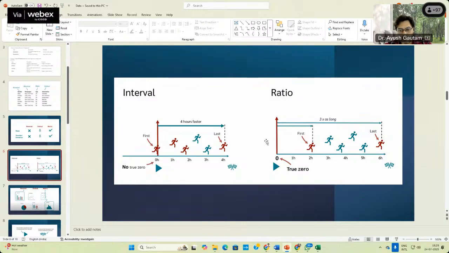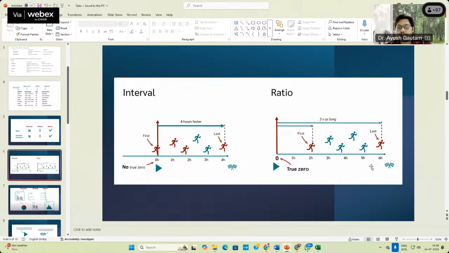Now when you know when this race was started, when time was equal to 0, and after 2 hours you are looking at these two persons, this person after 2 hours has covered this much distance, but this person after 2 hours has covered this much distance.